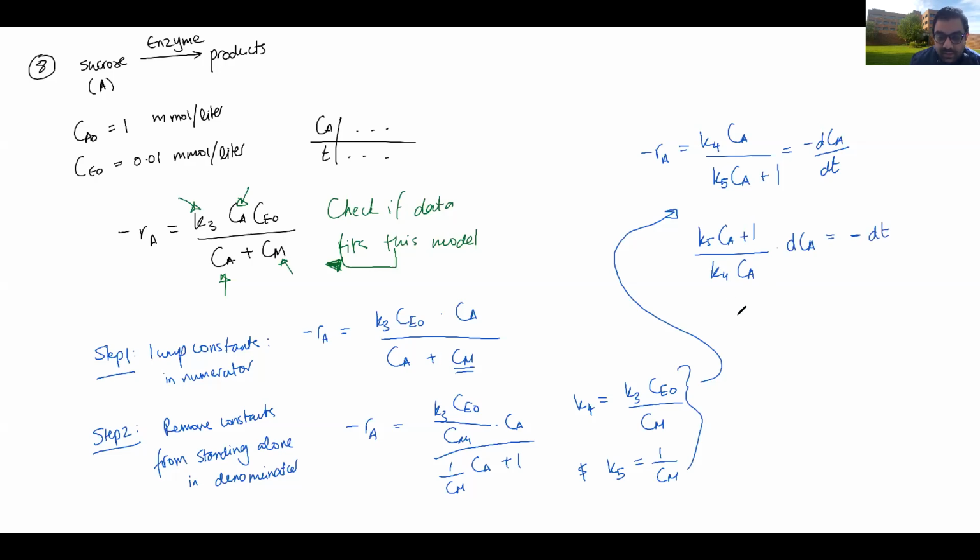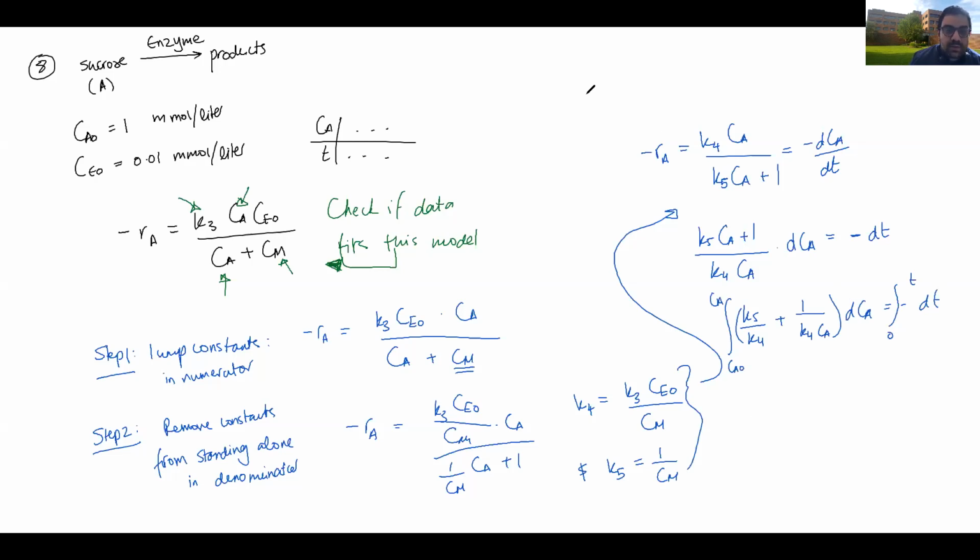If I expand this, I get K5 divided by K4 plus 1 over K4 CA, all of this times dCA, equal to minus dt. And now I integrate this from CA naught to CA, and this from 0 to t.